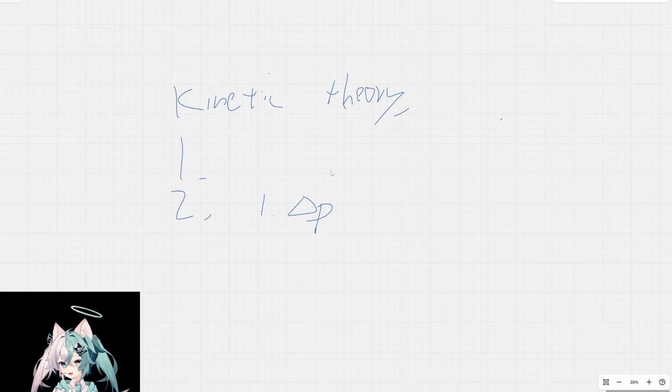The molecules continually move about randomly. The collisions between the molecules or at the wall of the container are perfectly elastic. Molecules move in a straight line between collisions. And the forces that act during collisions last for much less time than the time between collisions, or we say negligible instead.